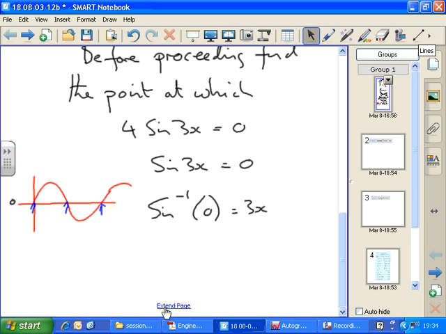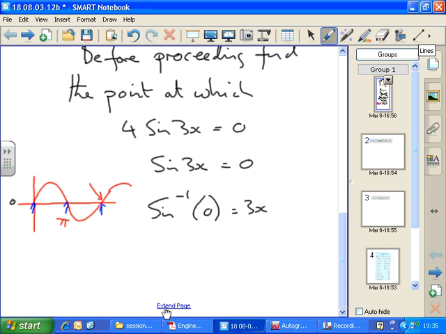You might remember, those of you who've done some maths with me before, that one complete cycle, which takes us to here, is 2 pi. And so the point at which it drops to 0 again is pi. So the sine of the angle is 0 at 0 and also pi. And that's the one we're interested in here. Is that true of any sine wave? Yes, it drops to 0 at pi.